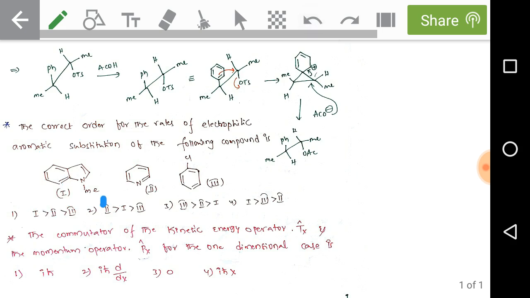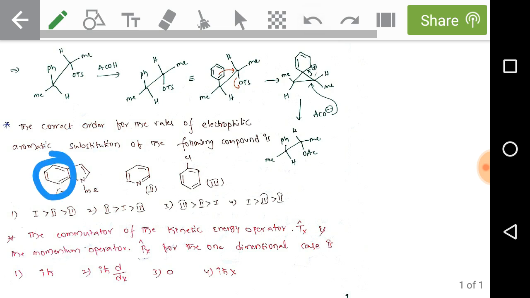And if you look at the first one, the benzene is fused with another 5-membered ring containing the heteroatom nitrogen, and the lone pair of electrons on nitrogen is involved in the ring to delocalize the 5 bonded electrons and make it aromatic. So the nitrogen in that 5-membered fused ring is donating electrons to that ring, which increases the electron density on the benzene ring.